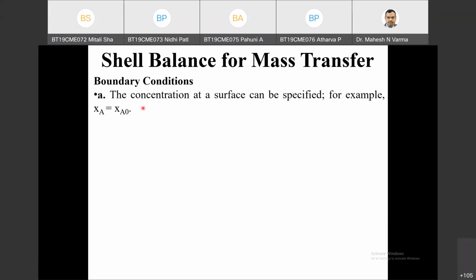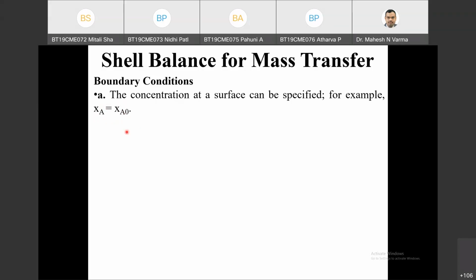In this boundary condition, it is exactly similar. A concentration at the surface can be specified. So concentration at any surface can be given. This is as good as the no slip boundary condition in momentum transfer, and temperature given at the surface in heat transfer. Exactly the same thing is there if concentration is given, say x_A is given at some surface x_A0 or anywhere.